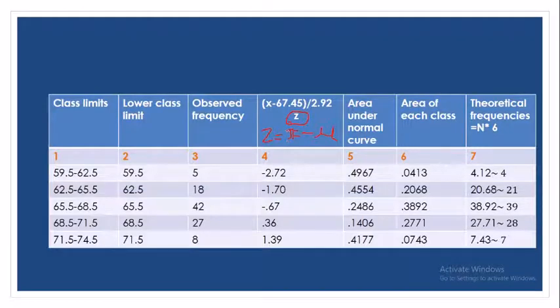This transformation we are going to apply to the whole problem. So my fourth column will be Z equal to X minus mu divided by sigma, which is X minus 67.45, that is your X bar, divided by your sigma, 2.92. Now you find each value.